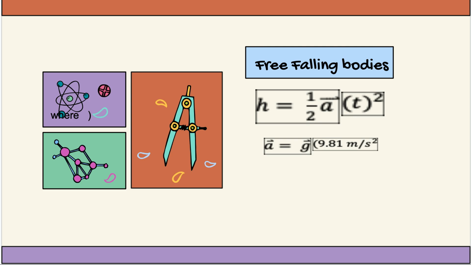We know that acceleration is equal to gravity, because a ball dropping in the air is under the influence of gravitational forces, and we know that gravity is equal to 9.81 meters per second squared. So once we find the value of the time, we have to switch the acceleration to the value of gravity.